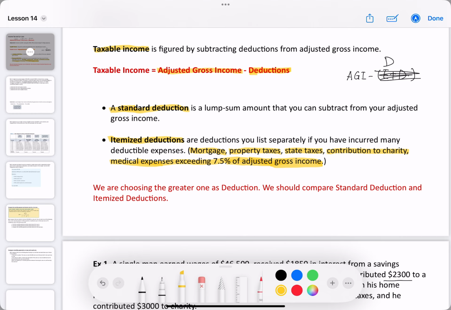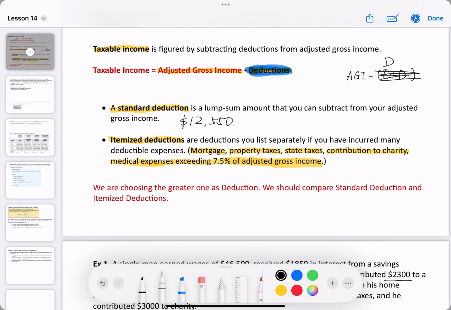And the deduction here, so the deduction is standard deduction or itemized deduction. It all depends on which one is more. For example, your standard deduction for a single is $12,550.